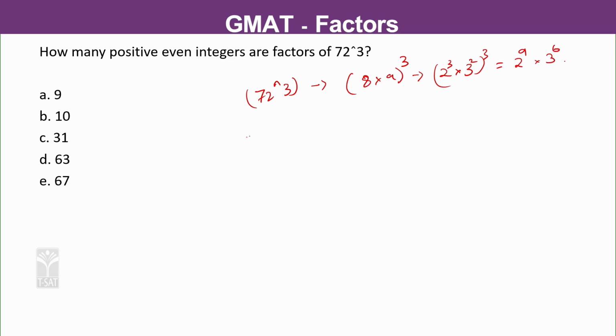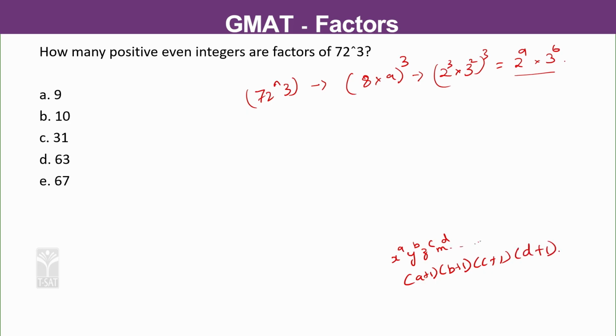Now, to find the number of factors, I have already said, when you are finding the number of factors of a number x to the power of a into y to the power of b into z to the power of c, you will write a plus 1 into b plus 1 into c plus 1. And if there is another number, say m to the power of d, you will add d plus 1.